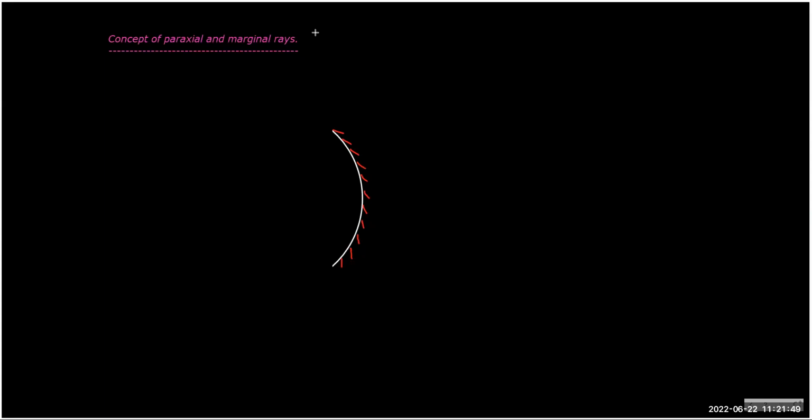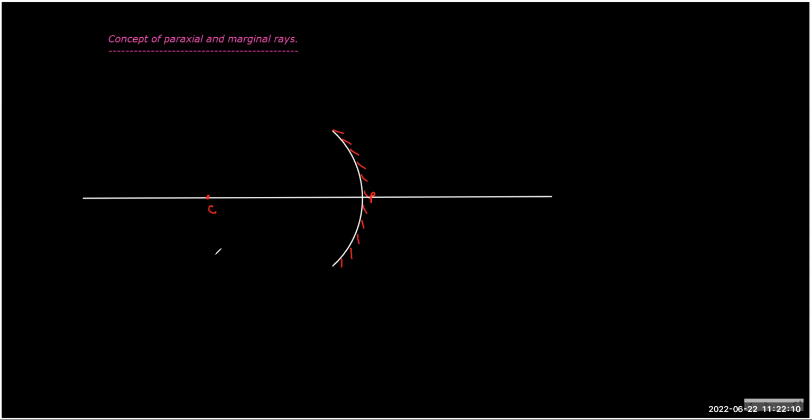So if we draw the principal axis by drawing a line passing through the pole and the center of curvature, this is the pole of the mirror and the center of curvature is somewhere here, let's say.